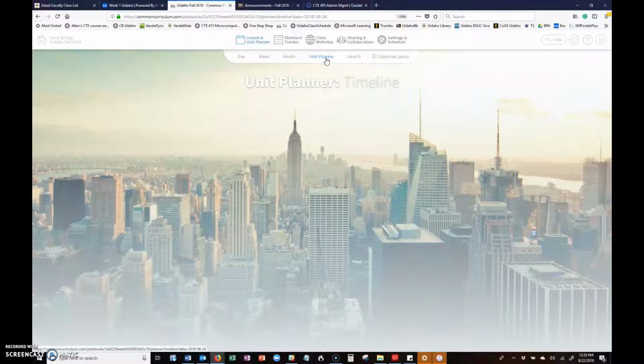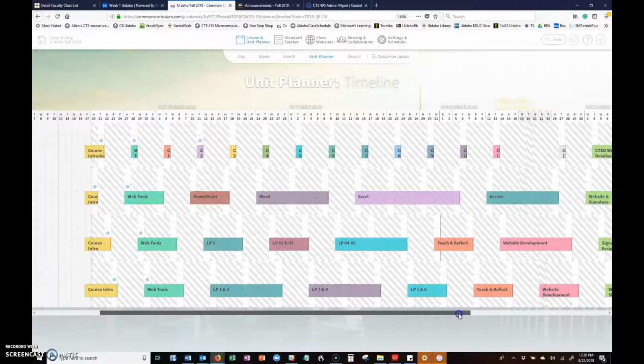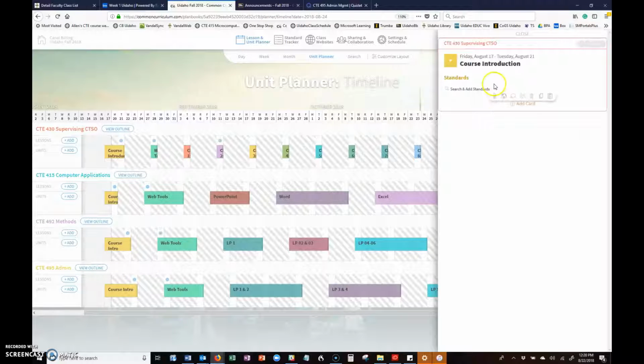And then what I love is this unit planner. This is what sealed the deal for me to take the time to learn this tool. You can have your classes here, and then you have your units here. You could build out, so if your administrator is asking for standards, you could put them in the unit. This little circle right here is my lesson plan.